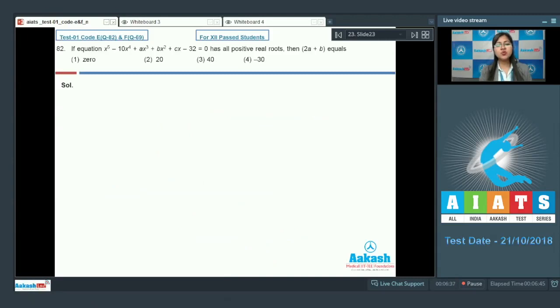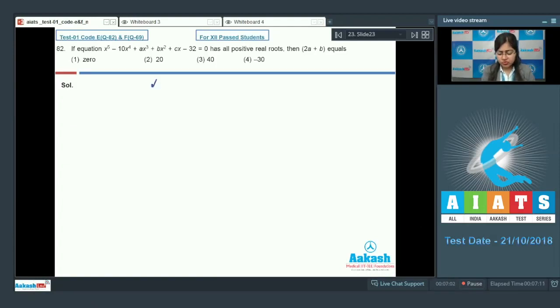Question number 82. Here it is given that if equation x to the power 5 minus 10 times x raised to the power 4 plus ax cube plus bx square plus cx minus 32 equal to 0 has all positive real roots, then 2a plus b equals. Now here it is given that all the roots are positive.